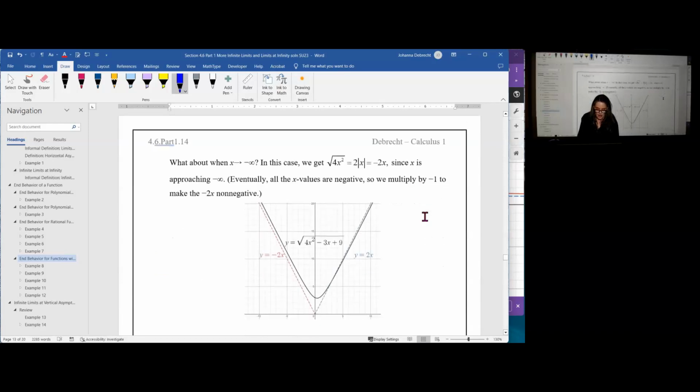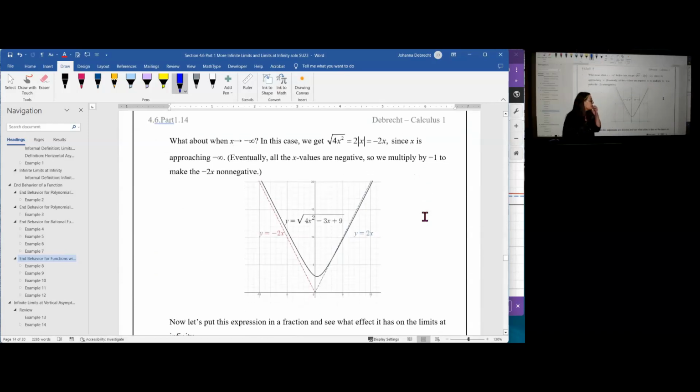Now, what happens when x approaches negative infinity? Again, to take the square root of 4x squared, we get 2 absolute value of x. But when all the numbers eventually become negative, to force it to be a positive value, we have to multiply it by a negative. And a negative times a negative forces this to, in fact, be positive. So this is going to give us something different on the two ends of the graph.